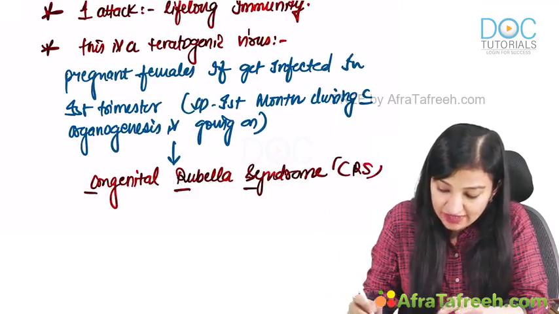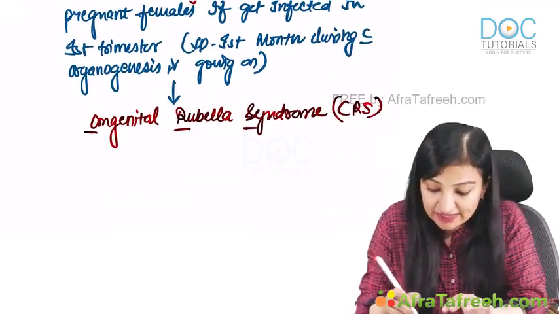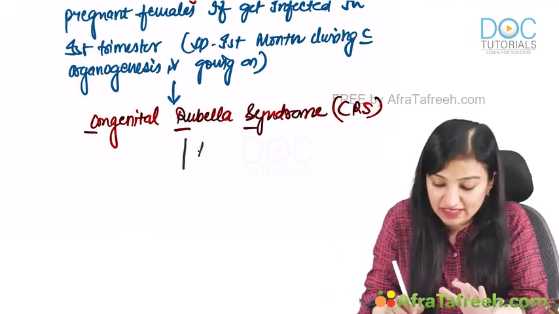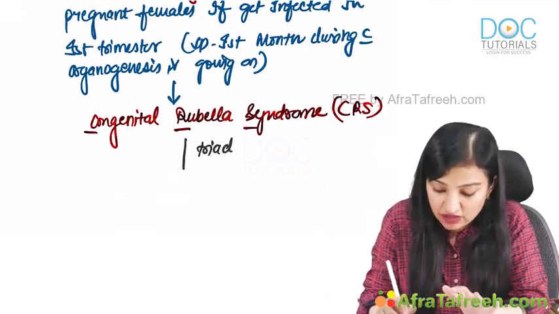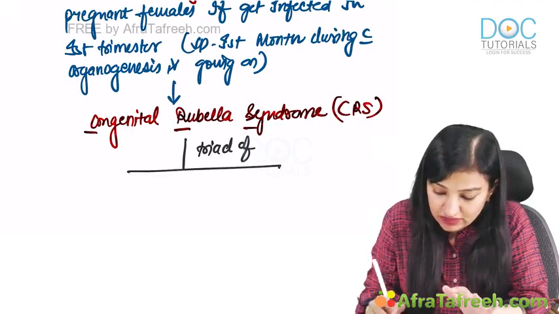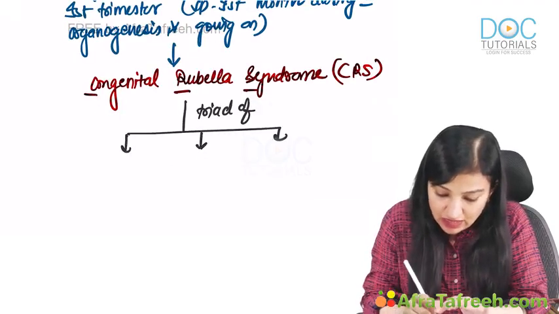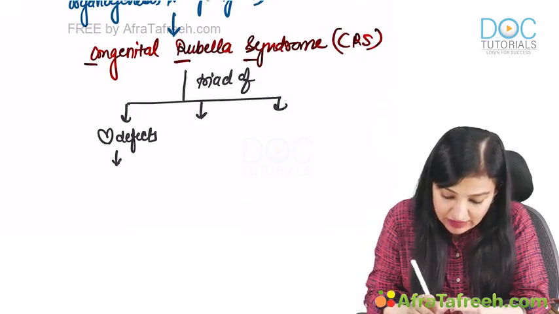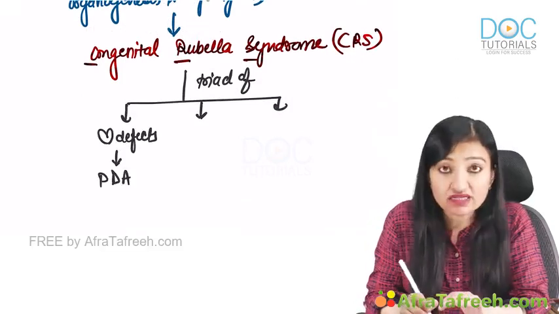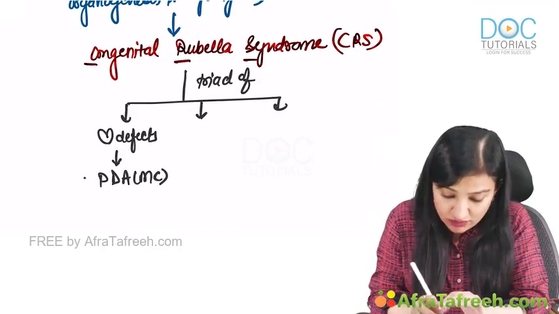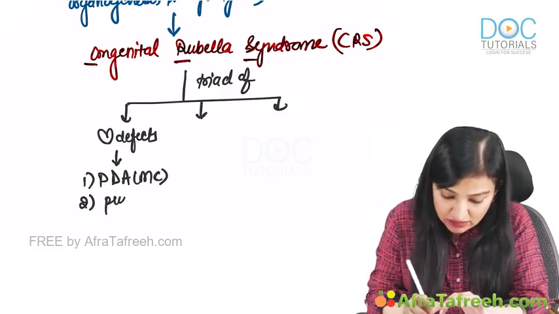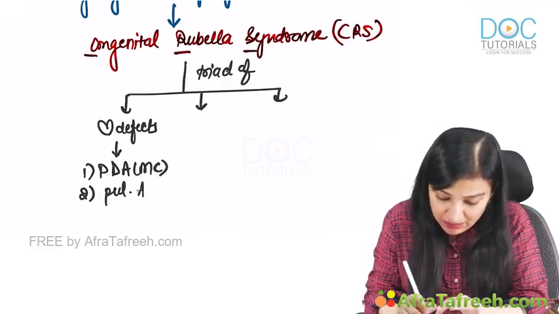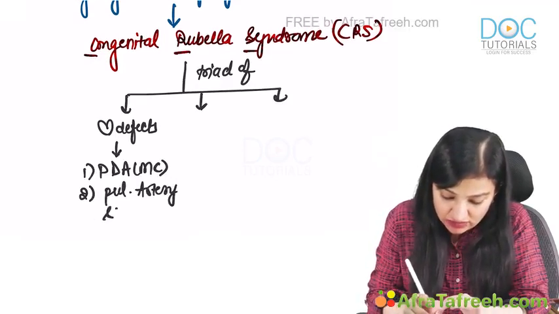Or CRS. Now this entity is characterized by a classic triad. Remember, heart defects, that is patent ductus arteriosus, which is most common. Less common is pulmonary artery stenosis.